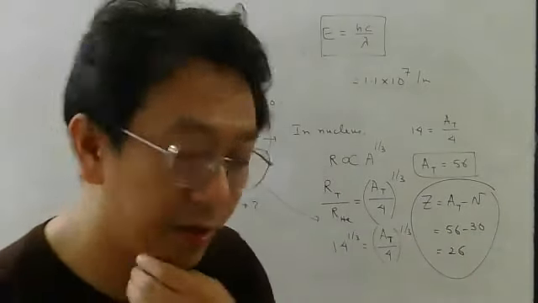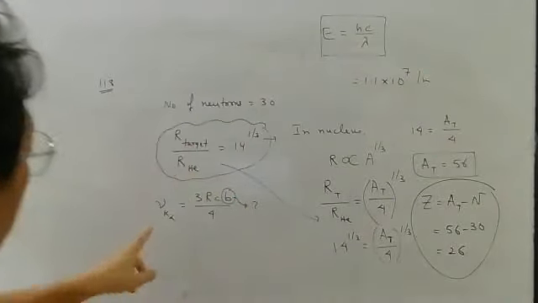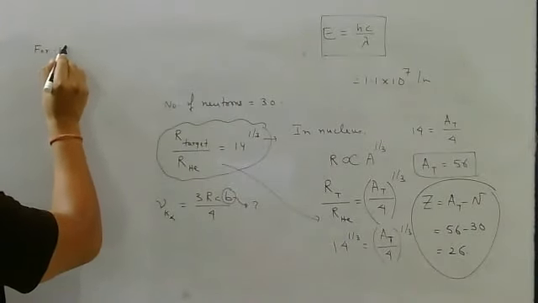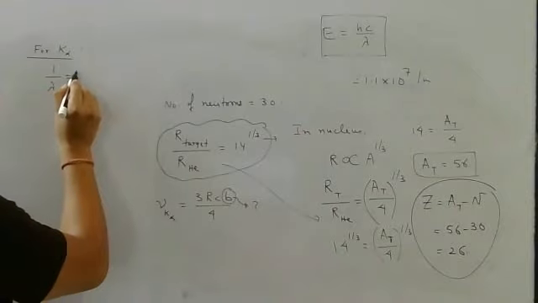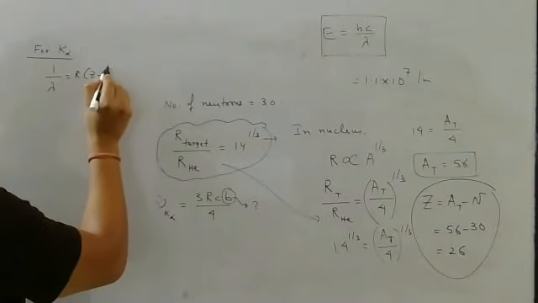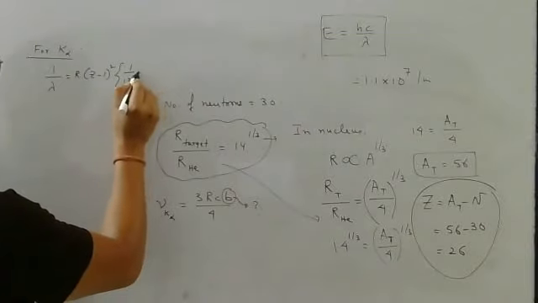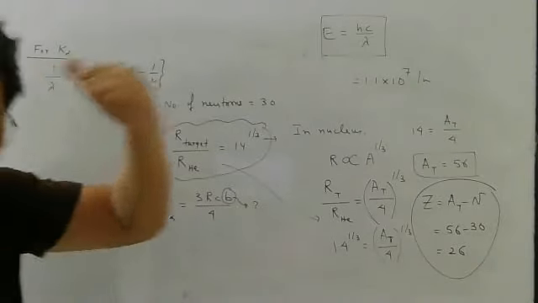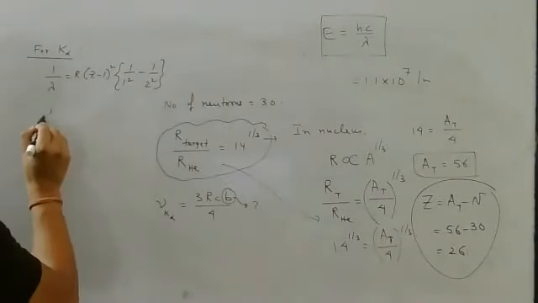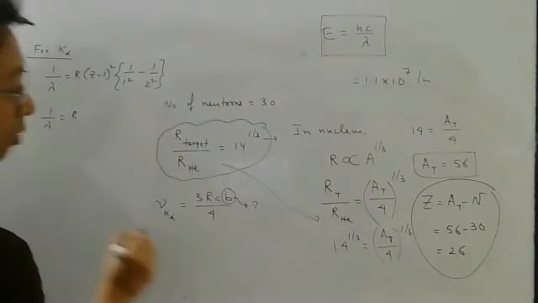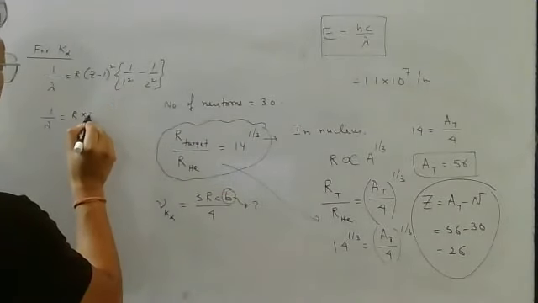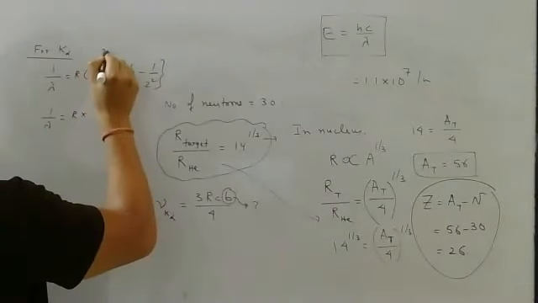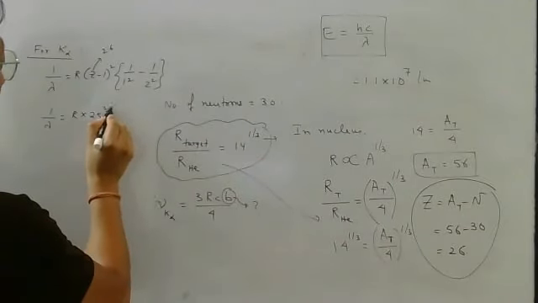Once we got atomic number, now we can find the frequency of K alpha line. So 1 by lambda for K alpha line will be R Z minus 1 whole square, 1 by 1 square minus 1 by 2 square. Isn't it? K alpha means from 2 to 1. So 1 by lambda will be R. Z, how much we found? 26. So this will be 25 square.